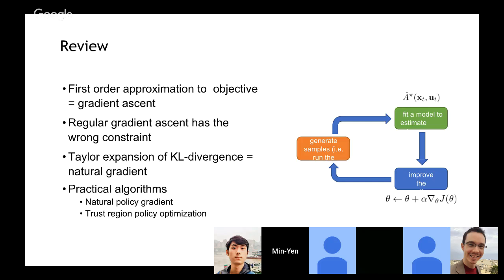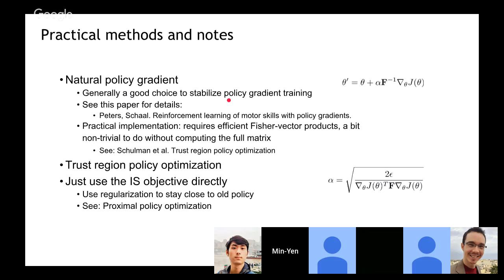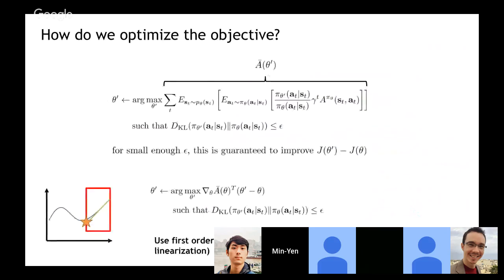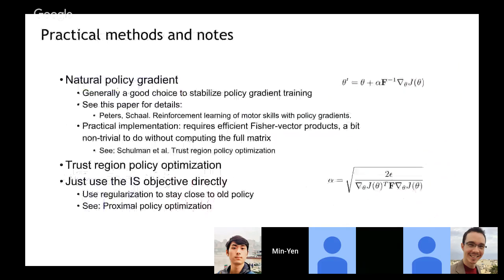So to review, we did a first order approximation for objectives. I'm sorry, what is he referring to here? Which slide? First order approximation to objective. Oh yeah, this one. To compute the gradient, we do a first order approximation.